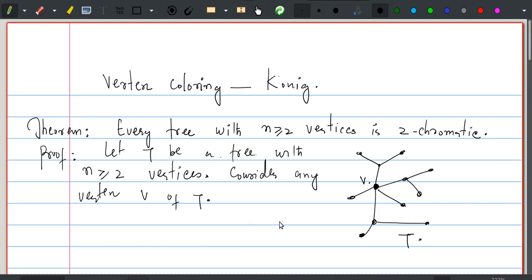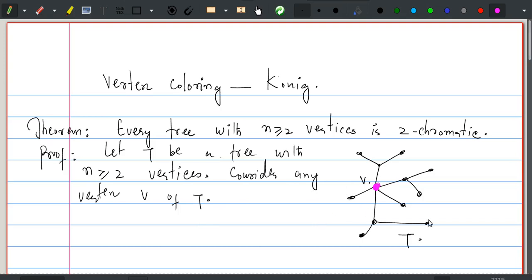Now what we do, we assign some color to vertex v here. Let us assign this pink color to vertex v. So this vertex is done.